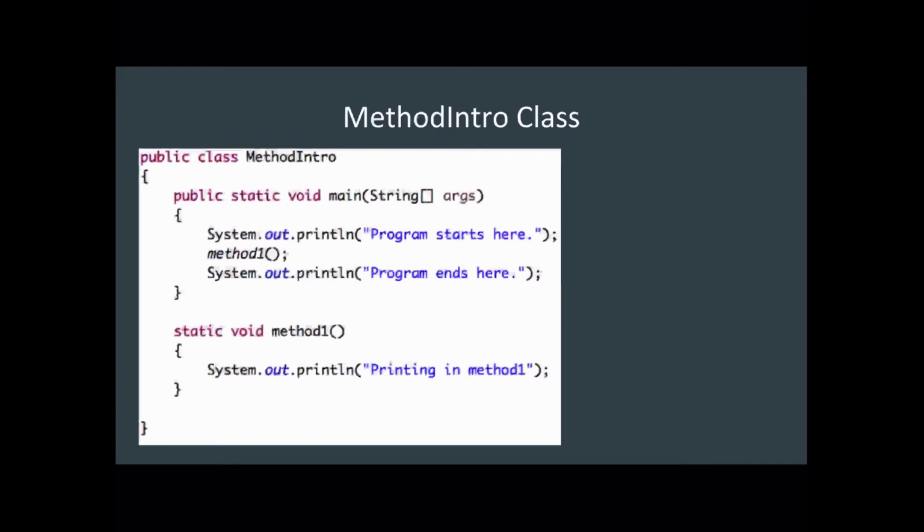So in this case, the output would say program starts here, printing in method 1, program ends here. It'll read top down, and when it sees that method call, because it's referenced specifically by its name, it's going to jump straight down and run whatever exists in that part of the method.